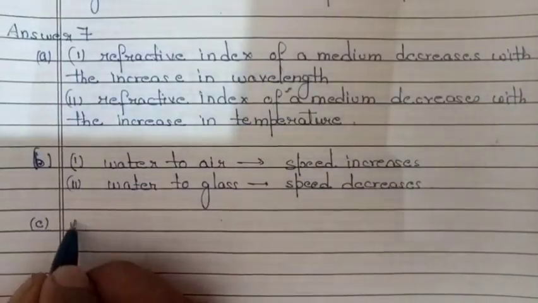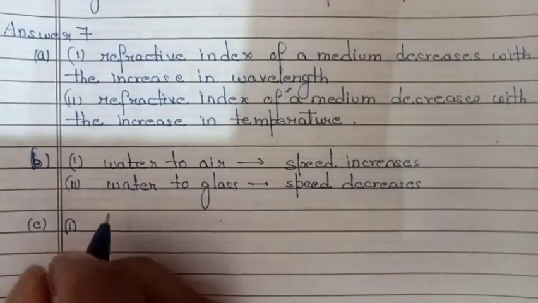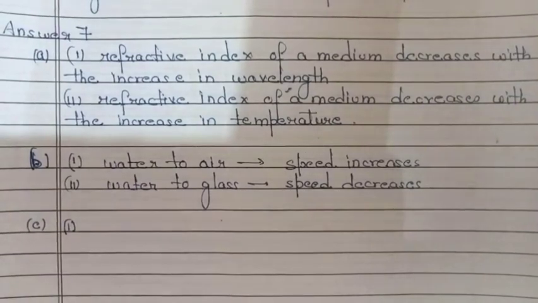In the C part, they say, how does the deviation produced by a prism depend upon the refractive index and the wavelength of light? Let's see what can be the answer for it. In the first part, we have to indicate how the deviation is affected by the refractive index.